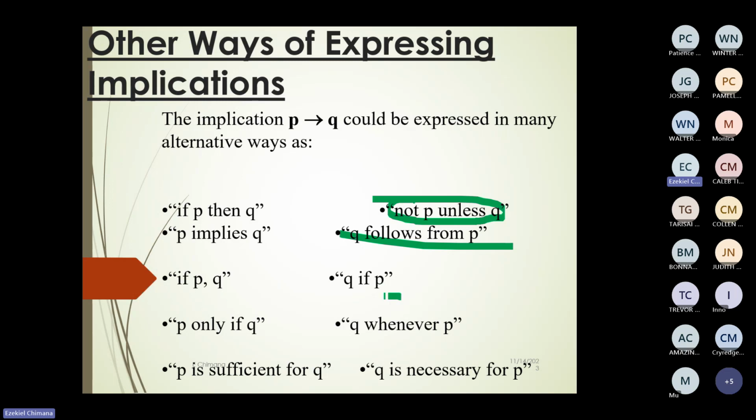Q if P is also the implication. P only if Q. P is sufficient for Q. Q whenever P. Q is necessary for P. All these statements are just revealing P implies Q. So it's just the terminology that can be used there.